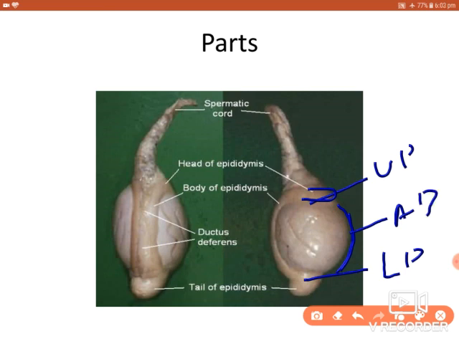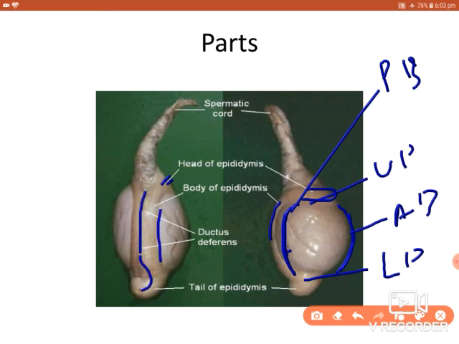Where it relates to the body of the epididymis, that forms the posterior border of the testis. In the first image, you can see this is the head, this is the body of the epididymis, then it forms the tail. So this border is the posterior border of the testis.